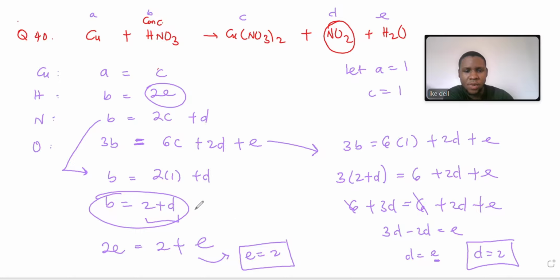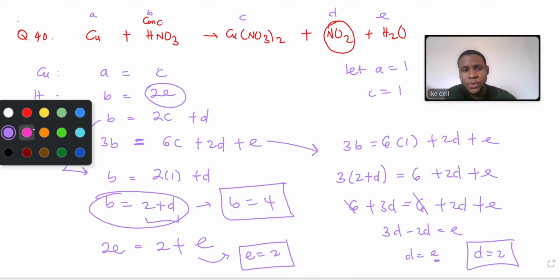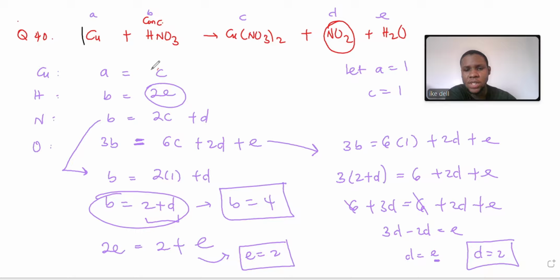What else? B is equal to 2 plus D, so B is equal to 2 plus 2, which is 4. So I've gotten A, B, C, D, and E. Then we plug them in. Just go through this stress once and get your answer. So A is 1, B is 4, C is 1, D is 2, and finally E is 2.